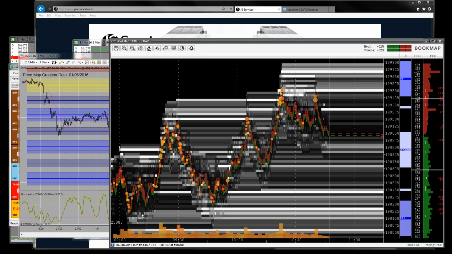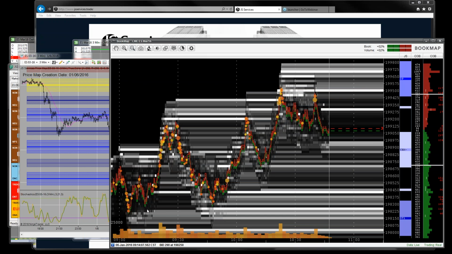I like this example where you're coming into this support area here with some intensity of trade, and then you're coming back into it and you have less of it. That's a good reversal tell that I like to look for with the volume dots. But that's something I'm playing around with.